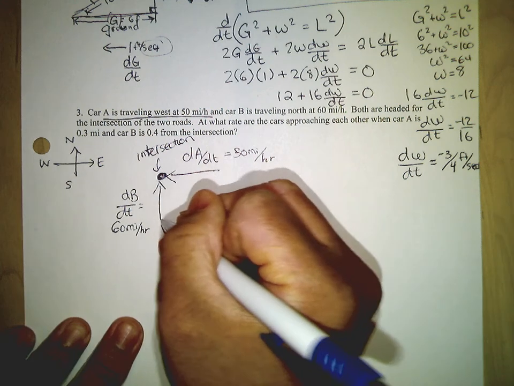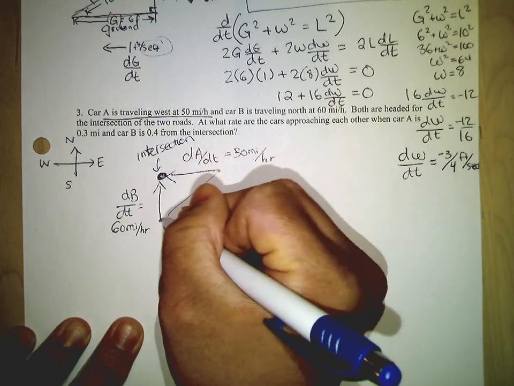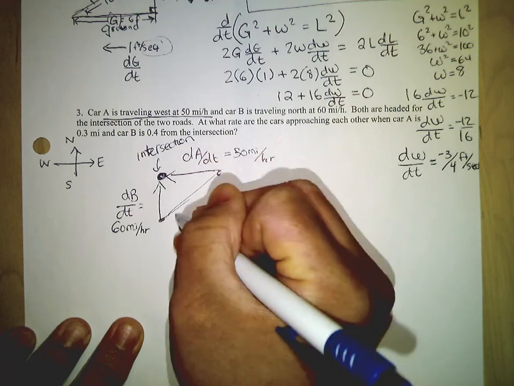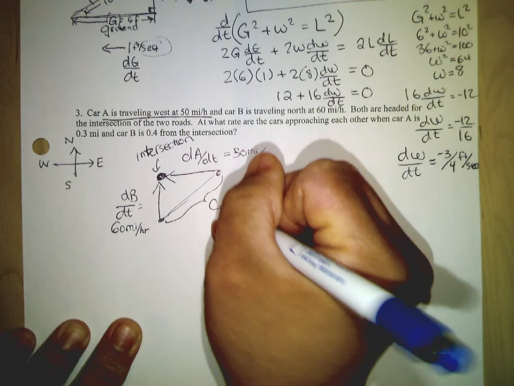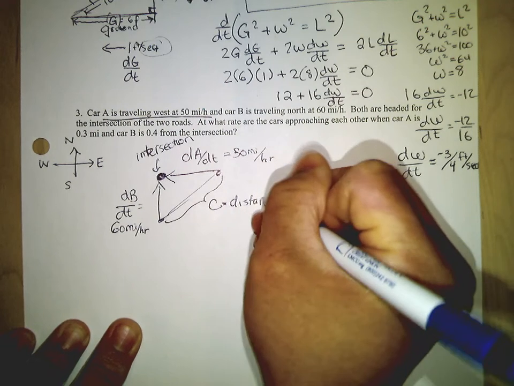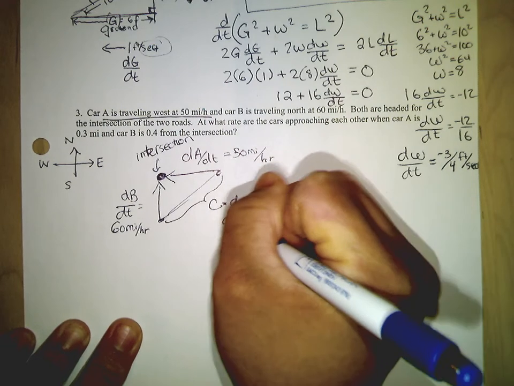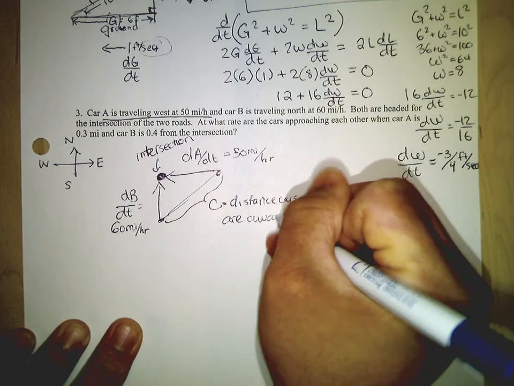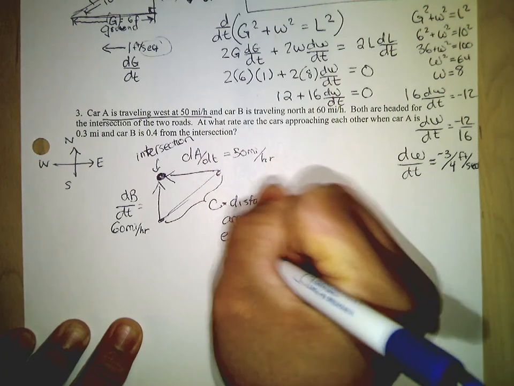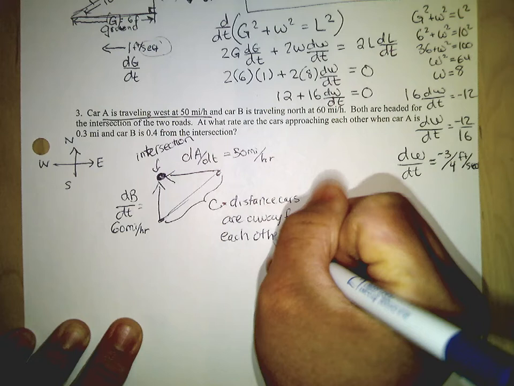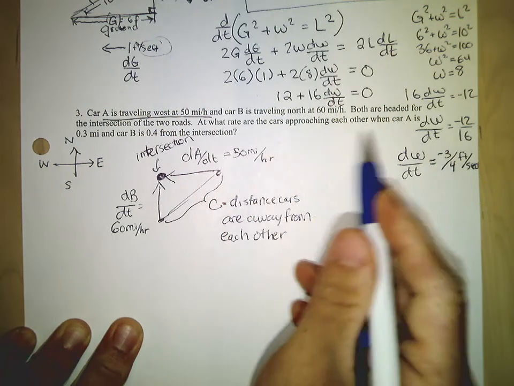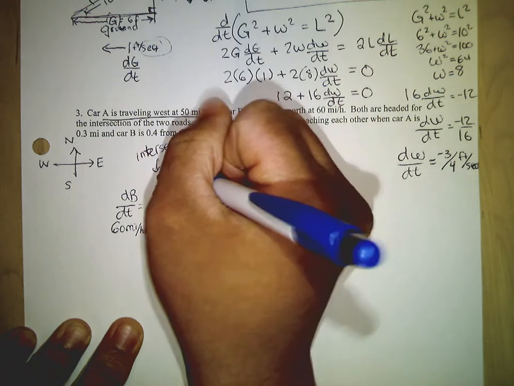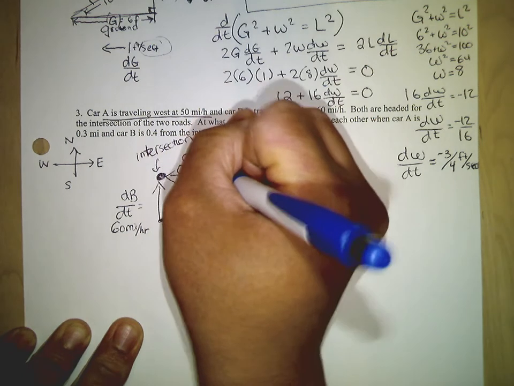All right, so here is the distance that the cars are away from each other. So I'll call that, well, C. This is the distance the cars are away from each other. So at what rate are the cars approaching each other when car A is 0.3 miles from the intersection?